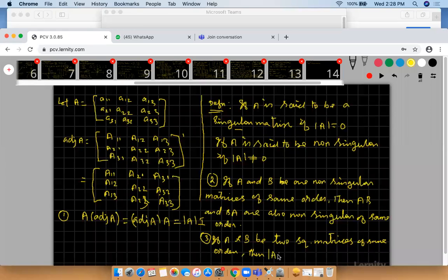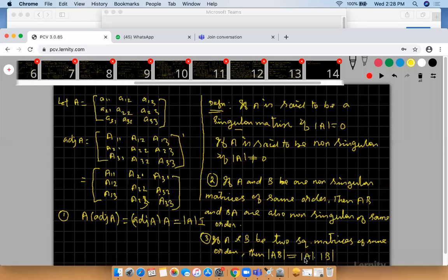Then determinant of AB is equal to determinant of A into determinant of B. This is an important result. If A and B are two square matrices of the same order, then what is the meaning of determinant of AB? Multiply A and B, find the product of the two matrices, and then take the determinant.